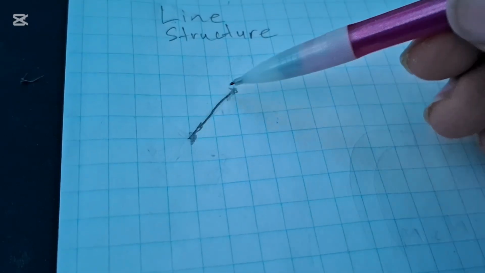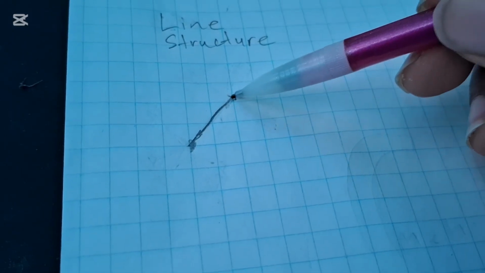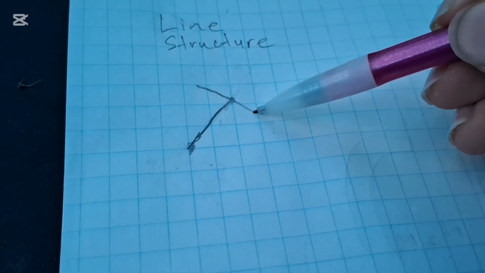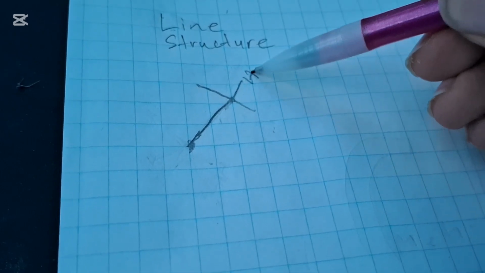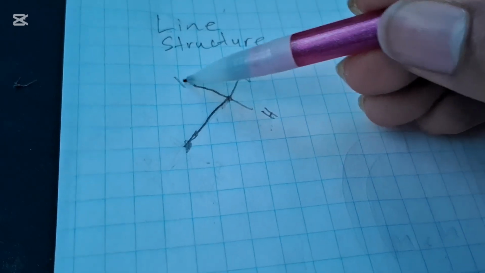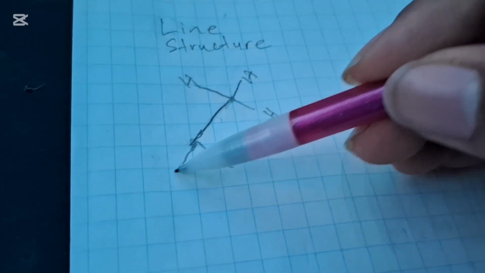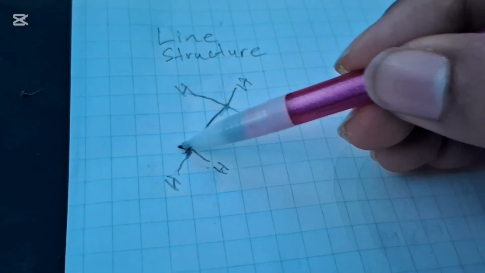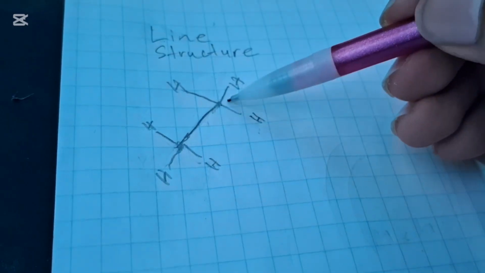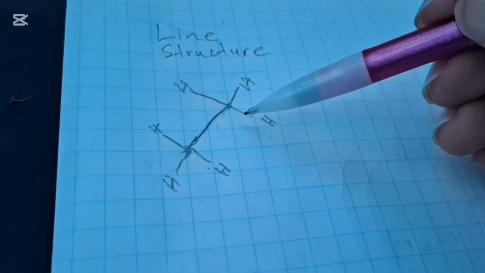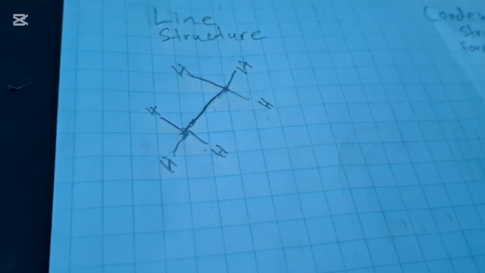So these two are carbons, okay? And they have H attached to them, but those H's are invisible for this structure. And this line behaves as a bond between those two carbons.